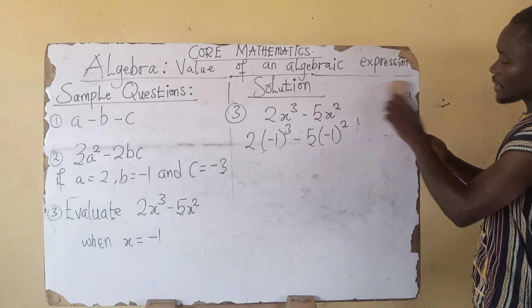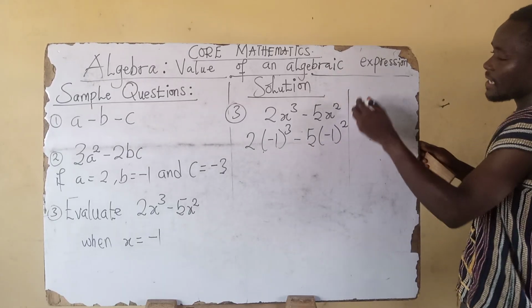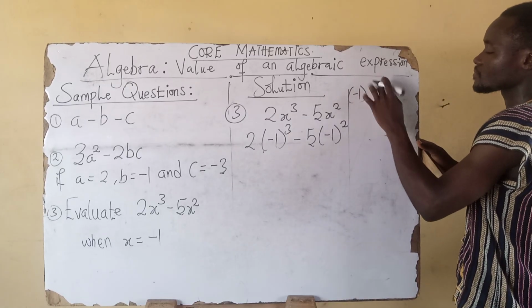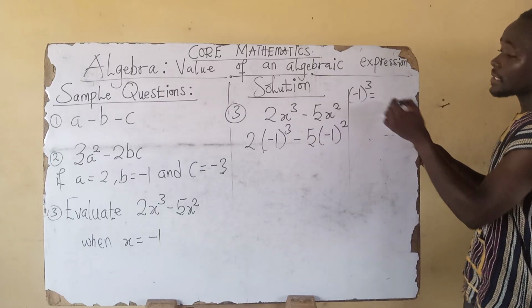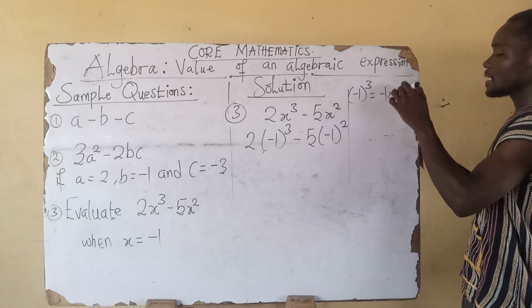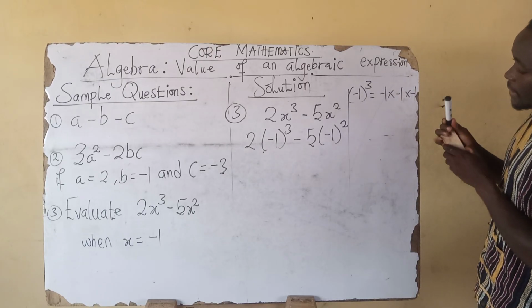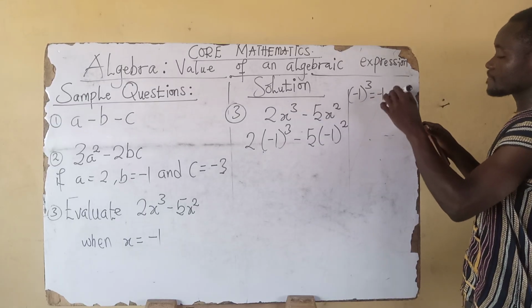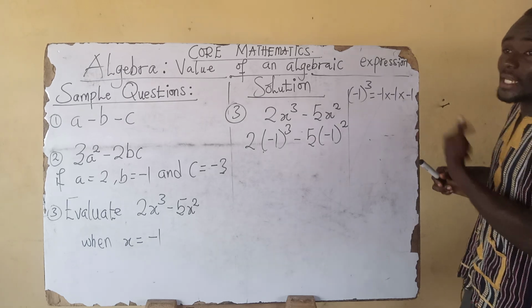So let's continue with what we have here. Now I have negative 1 all power 3. Mathematically, this one means negative 1 times negative 1 times negative 1. Are you okay? So here I'll take my time and do it one after the other.